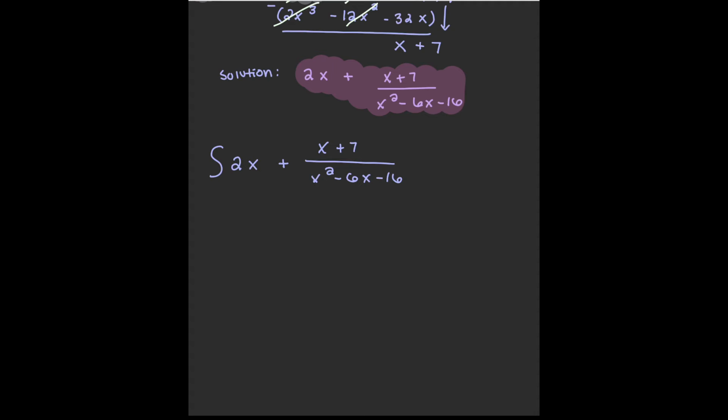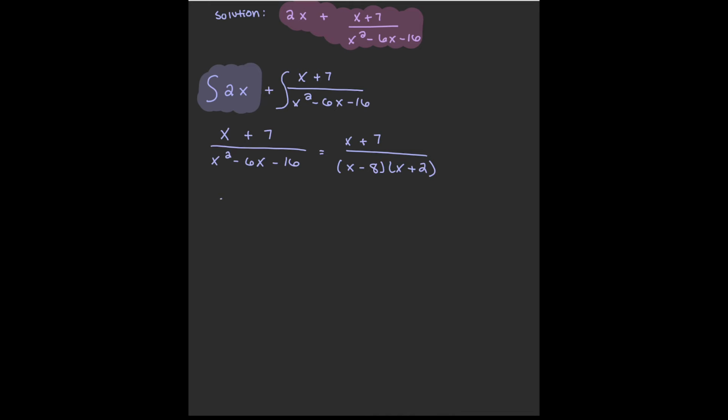But we still are not done, because if we look here, we have a piece where we can use partial fraction decomposition. So let's work on that. I'm just going to highlight this piece so we know we have to come back to it. Right now, we're going to strictly work on x plus 7 divided by x squared minus 6x minus 16. Let's decompose.